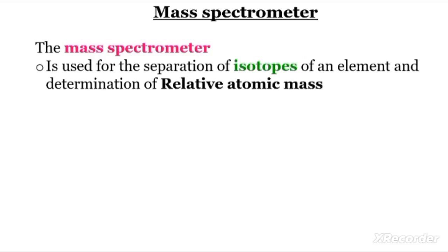So we use a mass spectrometer to separate isotopes of an element, and we also use the same mass spectrometer for determination of relative atomic mass.